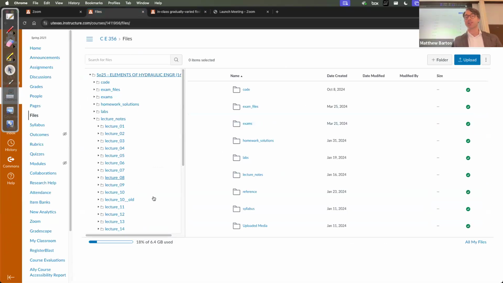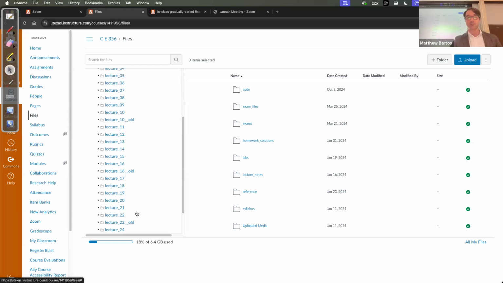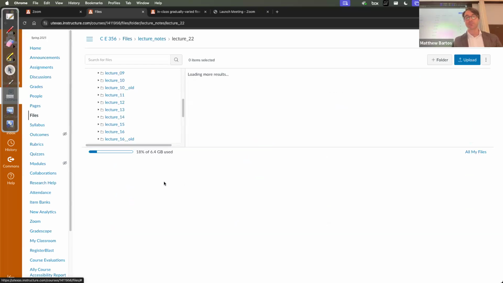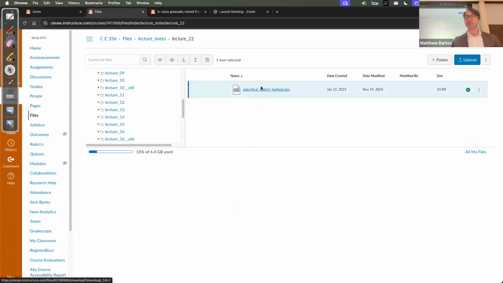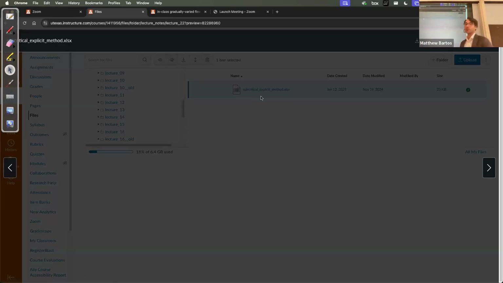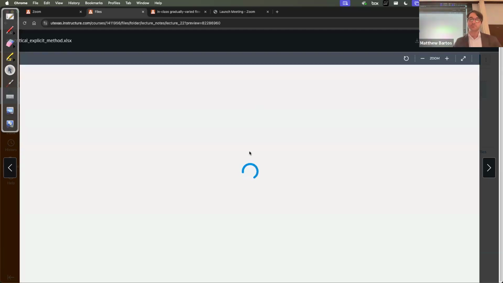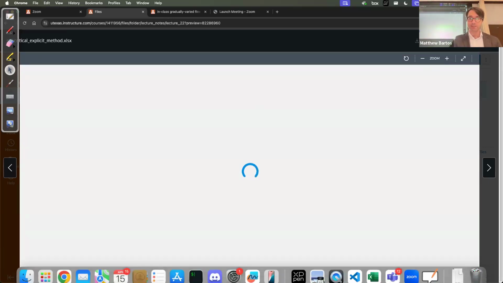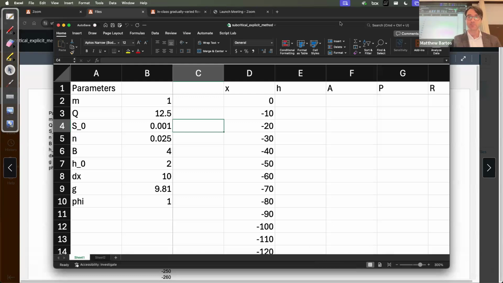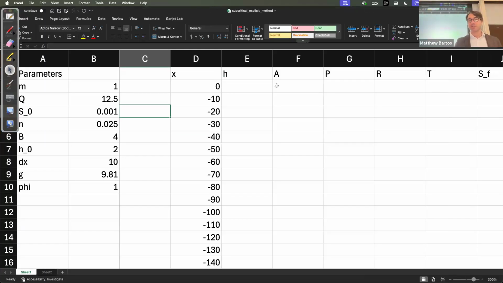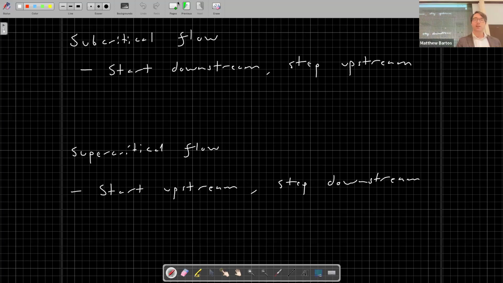So if you go under Files, Lecture 22, there'll be an Excel file called subcritical explicit method. So go ahead and download that file. I already have it downloaded here, so I'm going to use this one. But first, before I get to this Excel sheet, I'm just going to work on the problem on the board first.